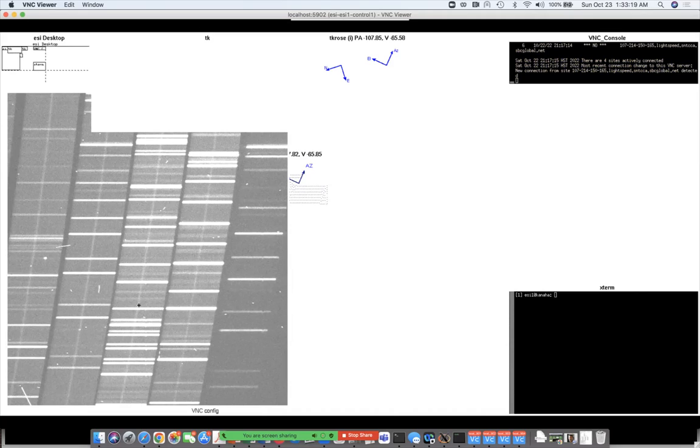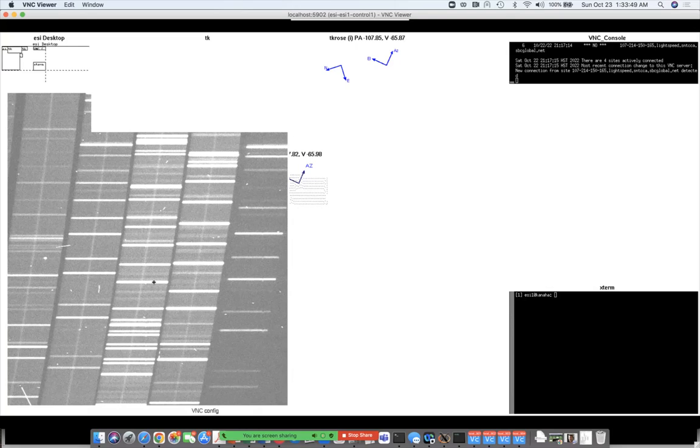What you're seeing here, the reason you see these horizontal bars, is that each of these horizontal bars is an image of the slit, a 0.75 arc-second wide image of the slit. And the reason you see discrete lines like these, not continuous, is because the Earth's atmosphere glows at specific wavelengths.